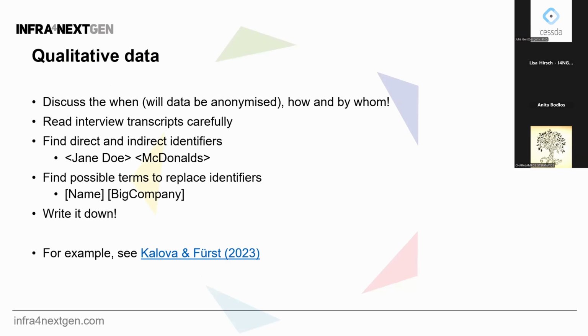How to perform anonymization in qualitative data. The first thing is to discuss when the data will be anonymized, how, and by whom. The reason is that anonymization in qualitative research designs often requires going over the entire material, which could be, depending on the size of the project, more effort than in quantitative research.